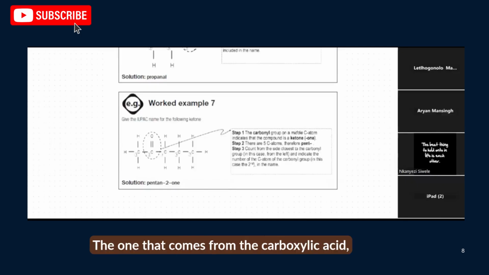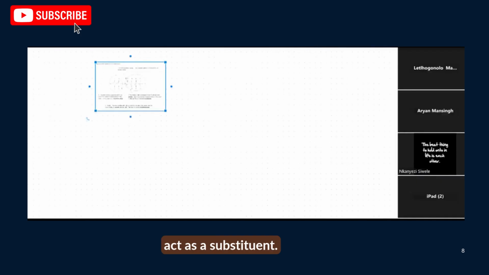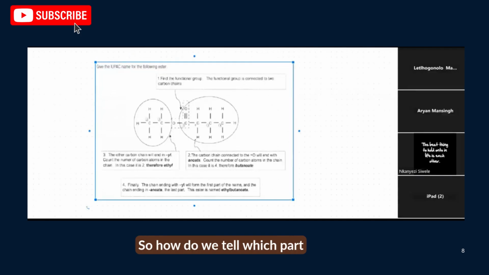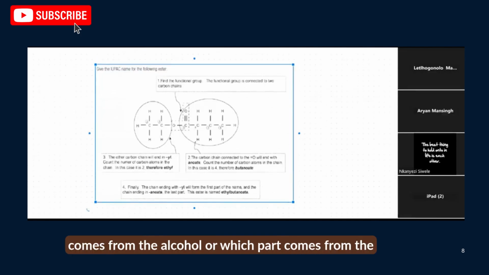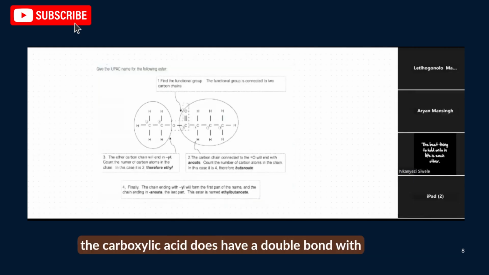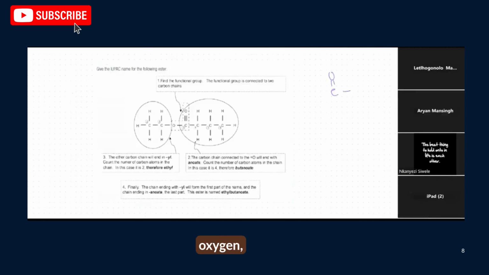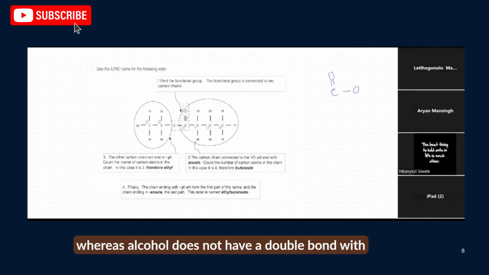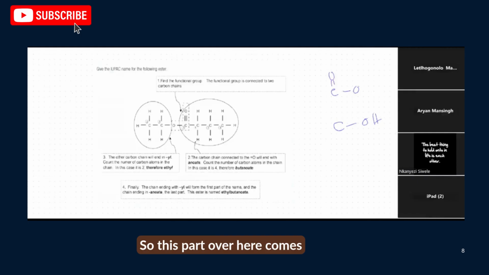The one that comes from the carboxylic acid, we would add an "anoate" to it, and the one that comes from the alcohol will now act as a substituent, so we will add a "yl" to it. So how do we tell which part comes from the alcohol or which part comes from the carboxylic acid? If you can remember, the carboxylic acid does have a double bond with oxygen, whereas alcohol does not have a double bond with oxygen. So this part over here comes from the carboxylic acid.